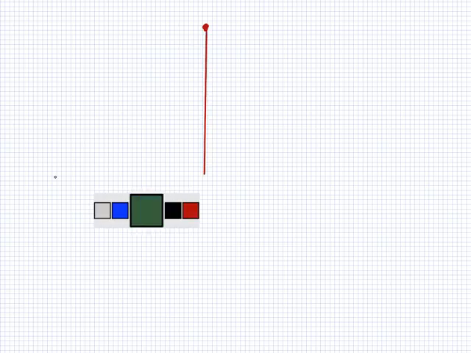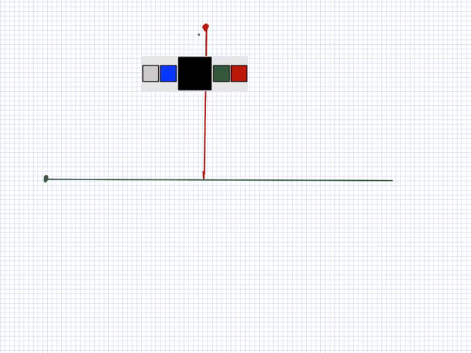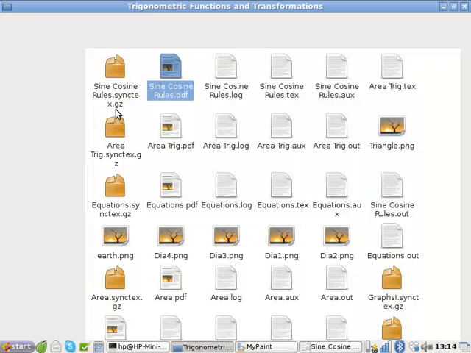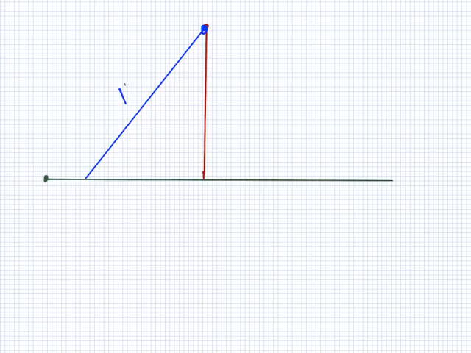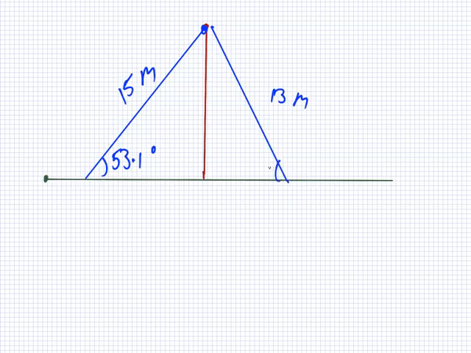So here is the telephone pole, and then here's the ground, and then we have one wire, 15 meters, and the angle is 53.1, and the other one is 13 meters, 67.4.